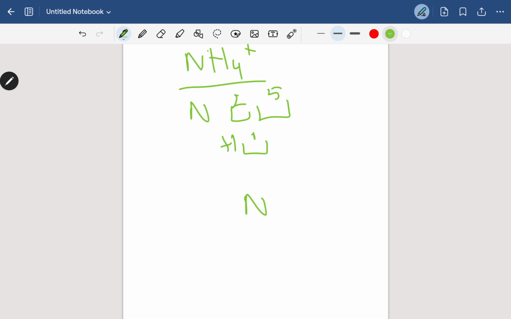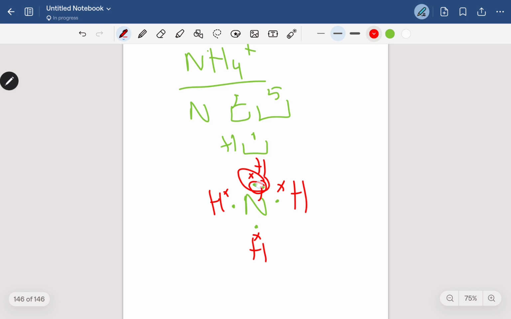So N has 5, so 1, 2, 3, 4, and 5. Then we have 4 H's. So H here, H here, H here, and H here. And H shares 1 electron. So as you can see over here, 2 electrons are given from the N to the H. So this is called a dative bond.